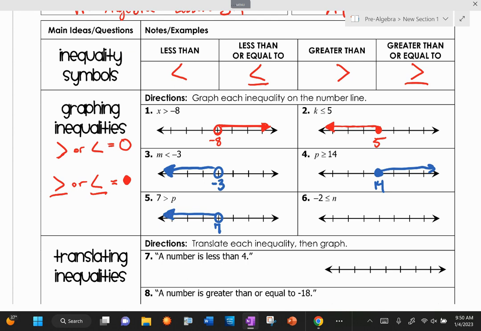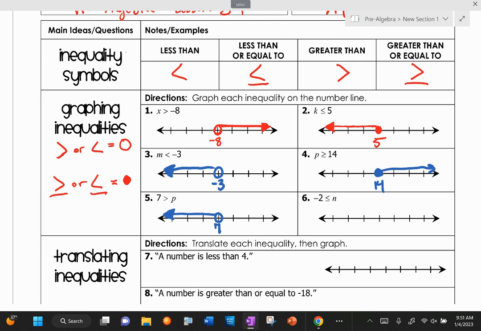Now, if your brain does not like the look of the variable being on the right side instead of the left, what's something that you can do for yourself? Just flip it, okay? When you do that, you need to make sure that the sign is pointing in the correct direction.